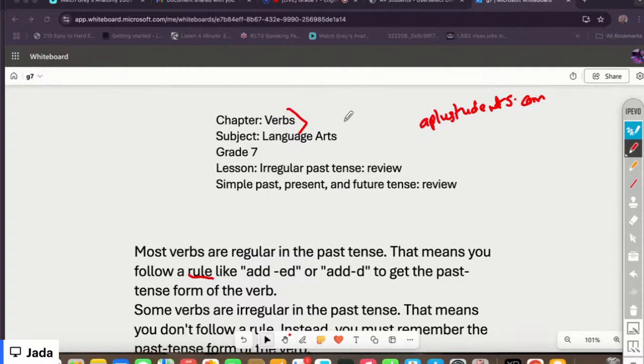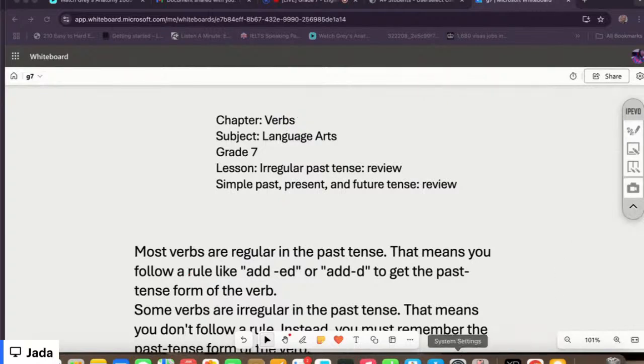We have a lot of lessons on that, but we will complete the first two today, and then in our other classes we will complete the remaining lessons from verbs. So we have identify past tense, identify irregular past tense review, and simple past, present, and future tense review. So that's what we'll be doing today.